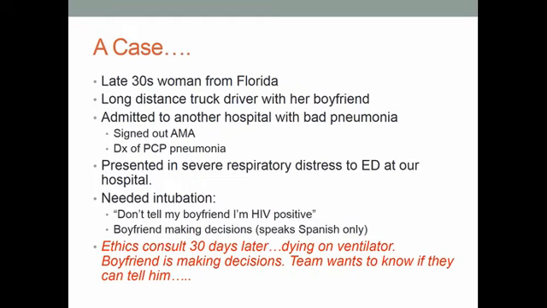Everybody had honored her wish to not tell him that she was HIV positive, but the boyfriend is now making decisions, and the team called us to say, can we tell him? How are we going to help him? Because she's actually dying of this.